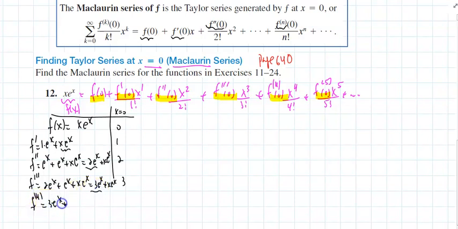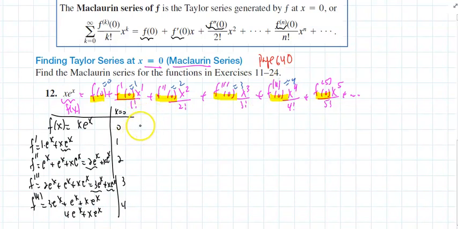That's 3 e to the x plus derivative of this, a product rule, e to the x plus x e to the x. That is 4 e to the x plus x e to the x. So it seems that this is going to be replaced by a 0, this is a 1, this is a 2, this is a 3, and this is a 4. Well, guess what?